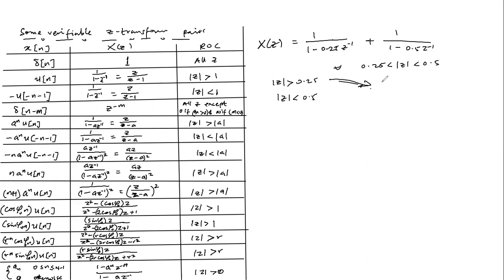So we have a right-sided signal when mod z is greater than mod a, and that would look something like a^n u of n. And when mod z is less than mod a, for this form, we have something similar, and that is minus a^n u of minus n minus 1. Perfect.